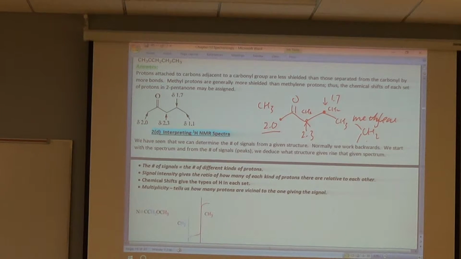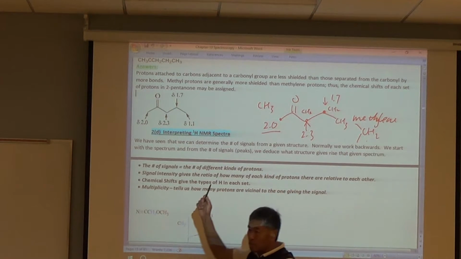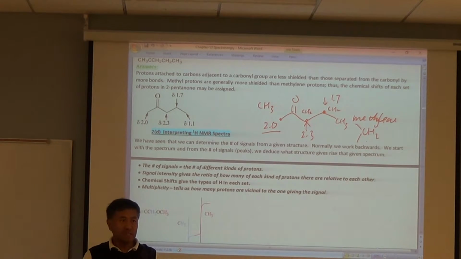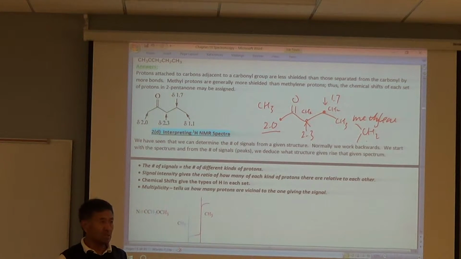That one doesn't have H. Usually you will see that number for the CH3 is somewhere like 0.9, 0.8.